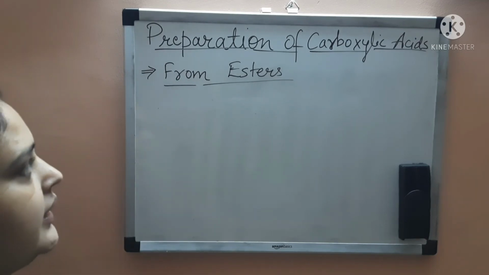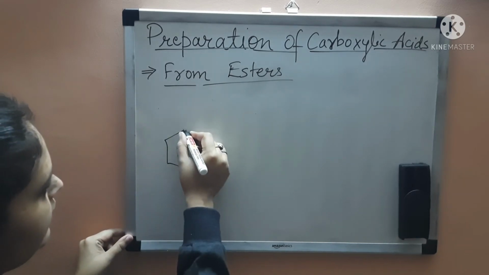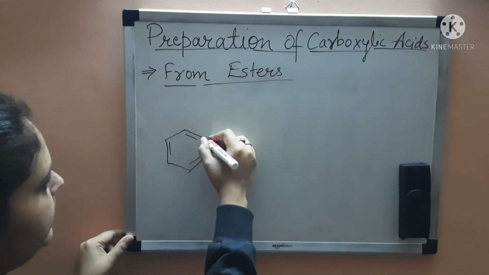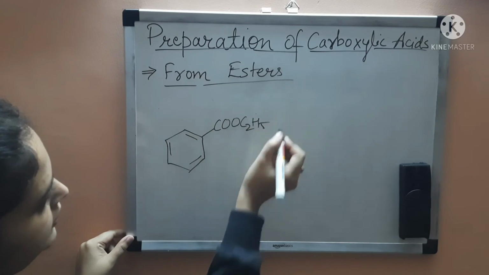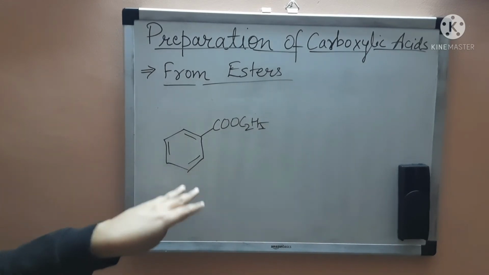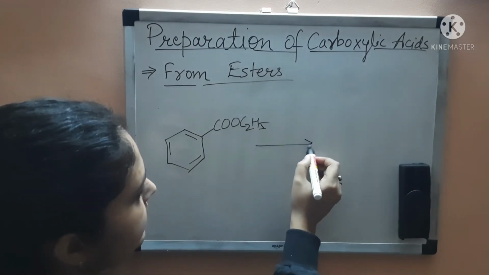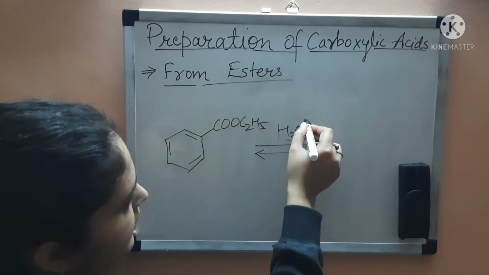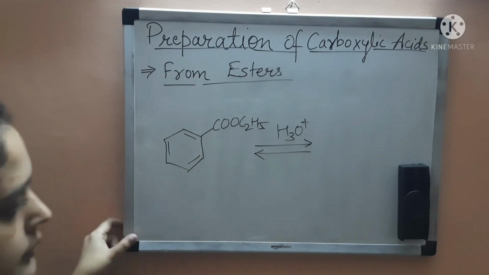For example, I am taking this ester, benzene ring and COOC2H5. This is ethyl benzoate, and when you hydrolyze it with acid, H3O plus, then acid and alcohol will be formed.